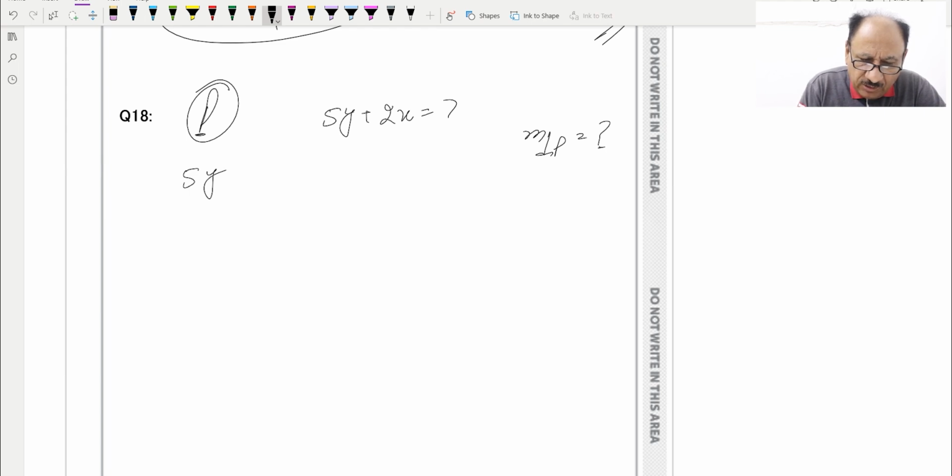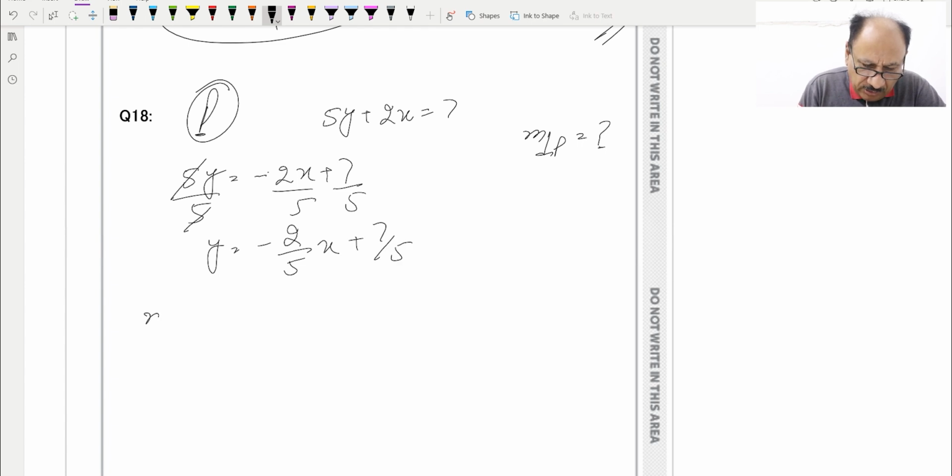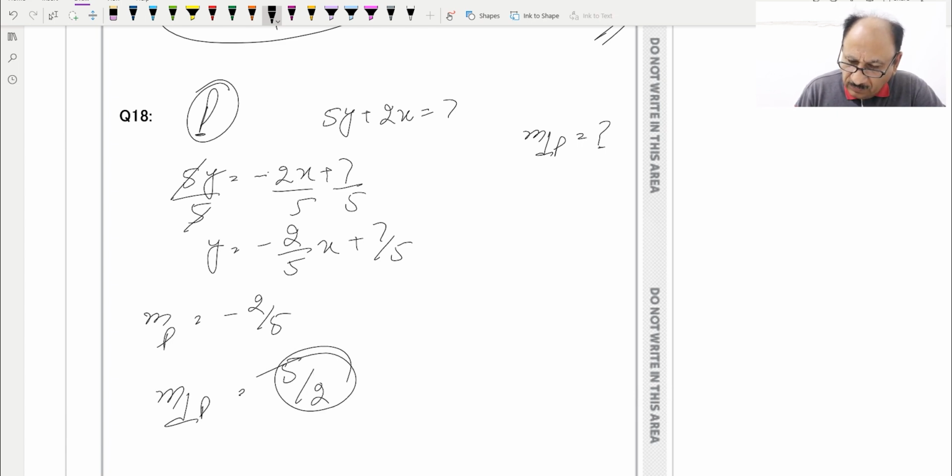So 5y is equal to minus 2x plus 7. So divide everything by 5, and y is equal to minus 2 over 5 x plus 7 by 5. So gradient of P will be equal to minus 2 by 5, and gradient of perpendicular of P, we know reciprocal and change sign, so it will be 5 by 2, and this will be our final answer for 2 marks, and this is done.